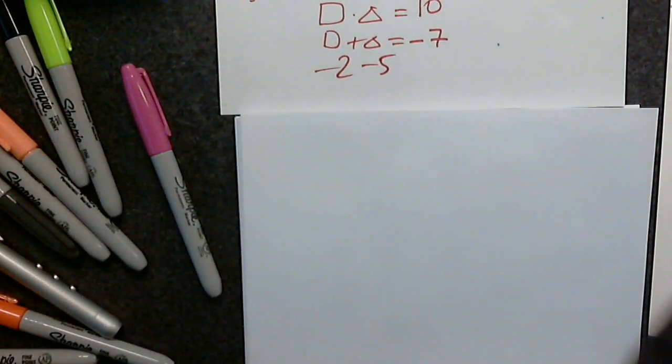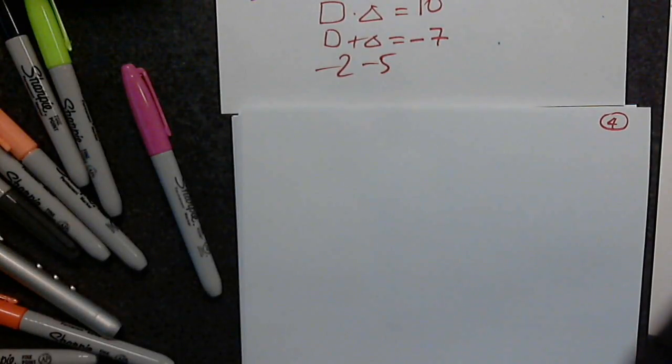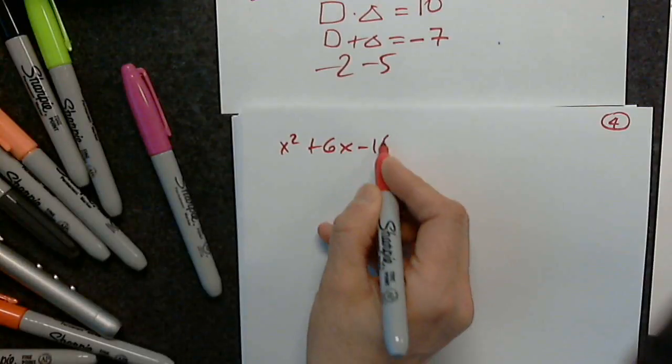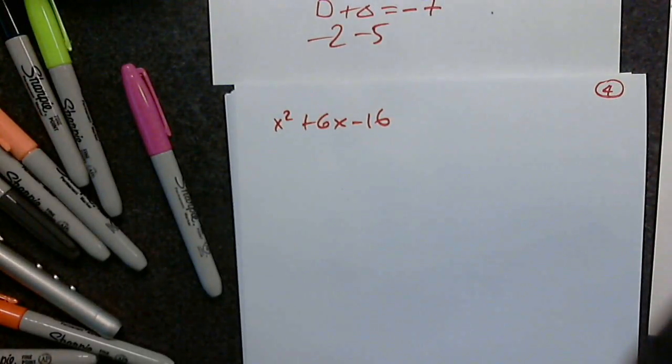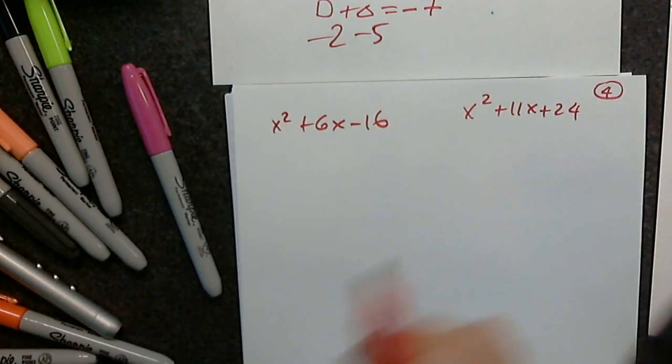Good. Next example. Now, can you do 2 for me on your own? I want to see x squared plus 6x minus 16 factored. And I want to see x squared plus 11x plus 24 factored.